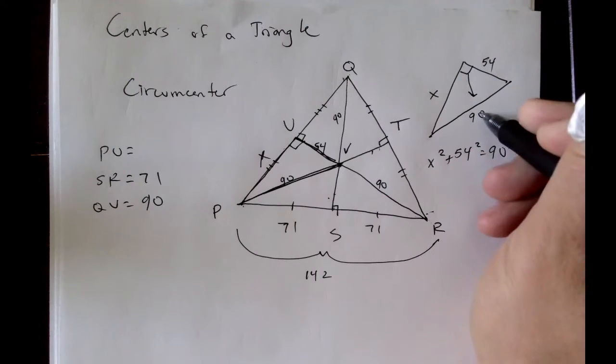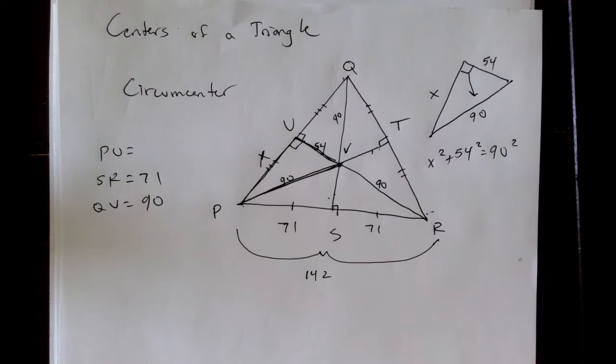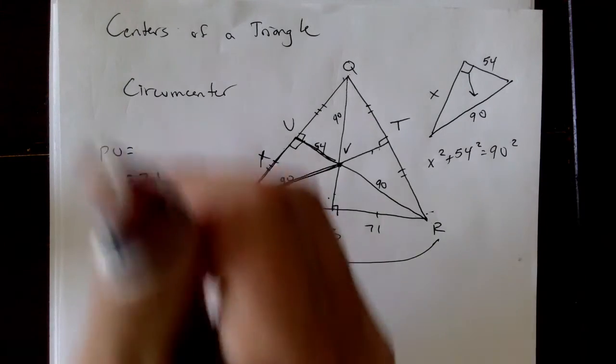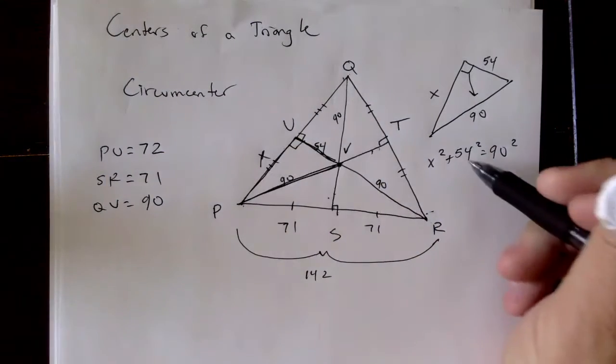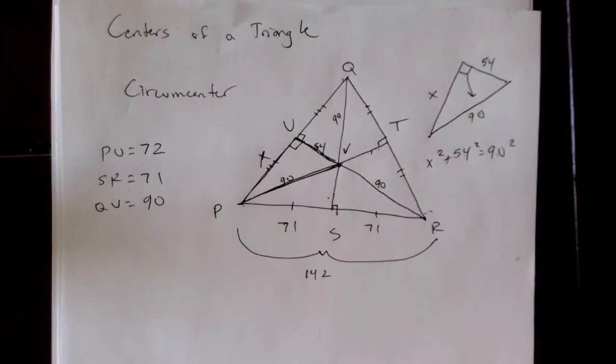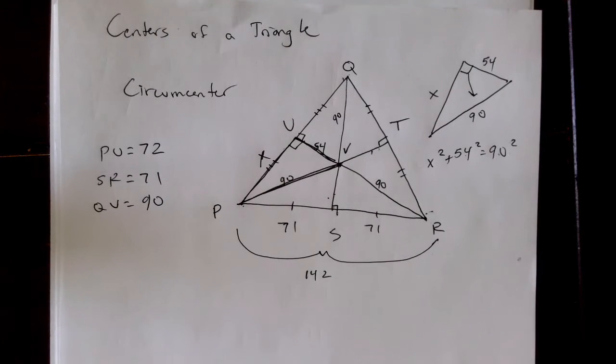Remember, the hypotenuse is always opposite the right angle. Then you solve it to the best of your ability and get your answer, which is 72. So you would square both of these, subtract, and square root both sides, and you get 72 as your solution. And that is circumcenter.